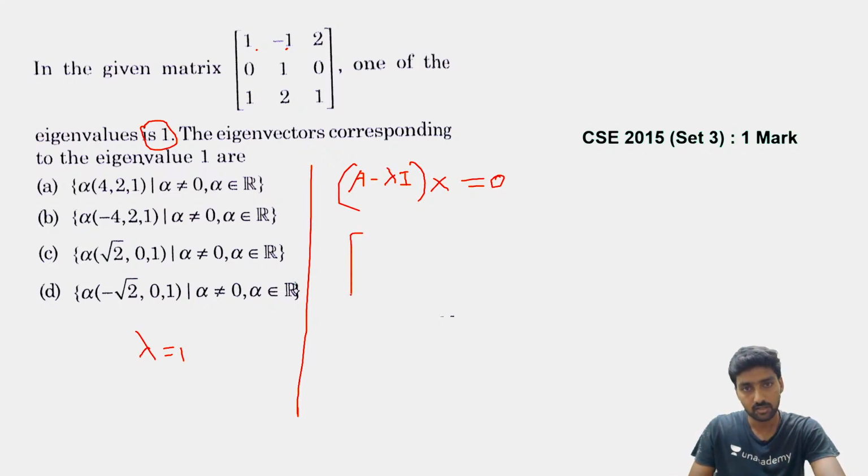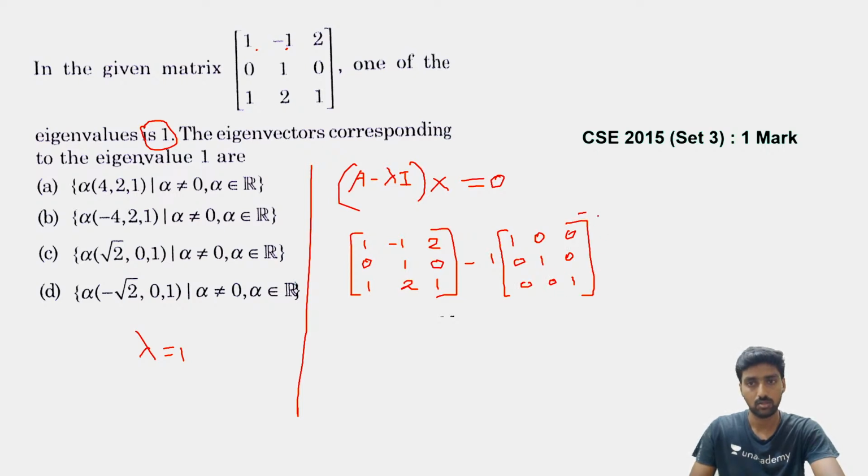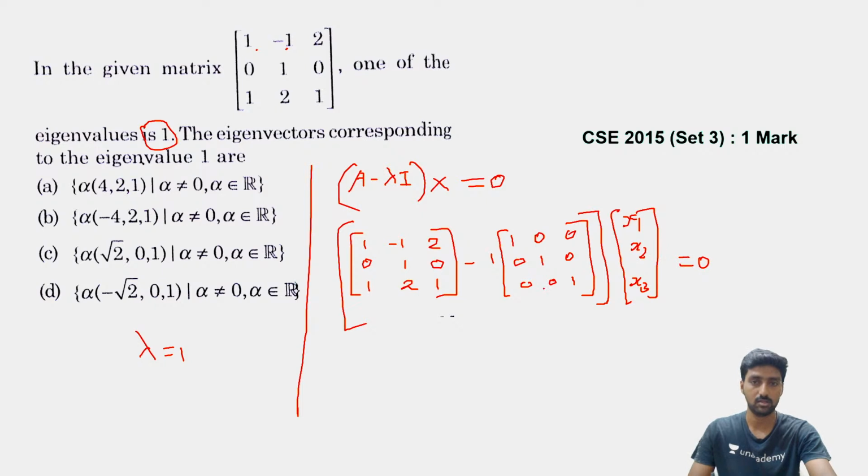A is 1, minus 1, 2, 0, 1, 0, 1, 2, 1, minus lambda, which is equal to 1, into the identity matrix 1, 0, 0, 0, 1, 0, 0, 0, 1, into x1, x2, x3, is equal to 0.